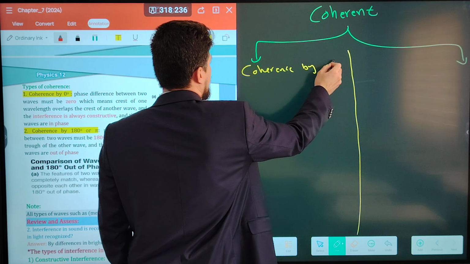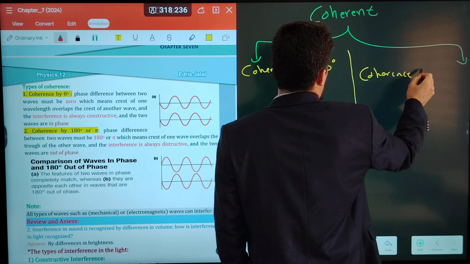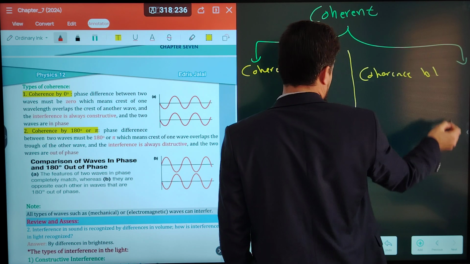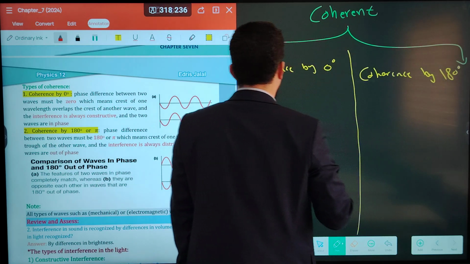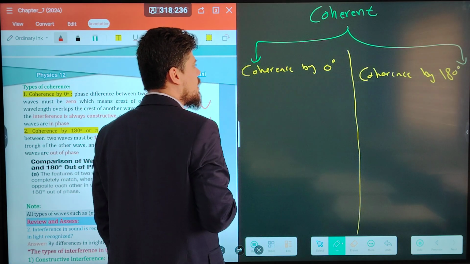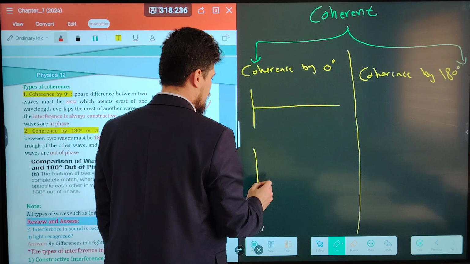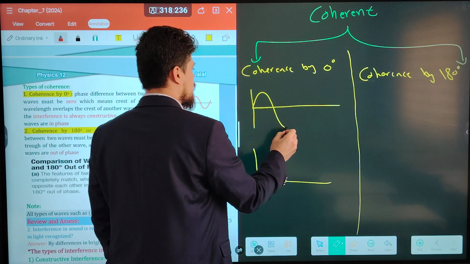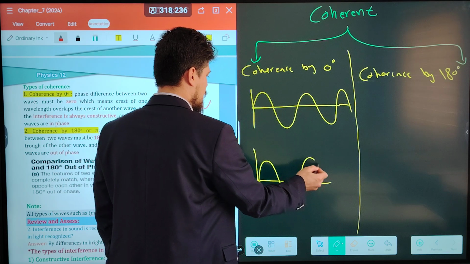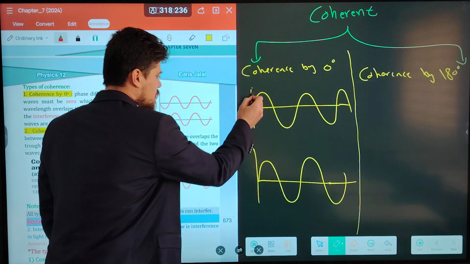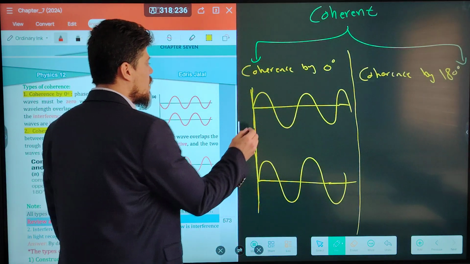Coherence by 0 and coherence by 180. Coherence by 0, or 2 pi, is like this. For example, if we have two waves, both starting at the same point, what is the phase difference between these two waves? Zero. Why?